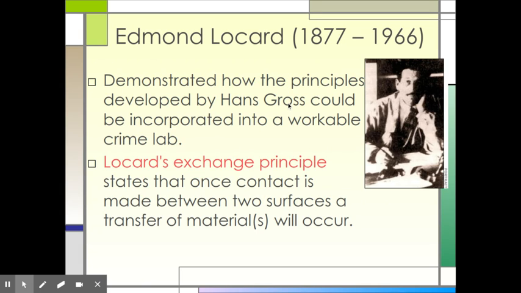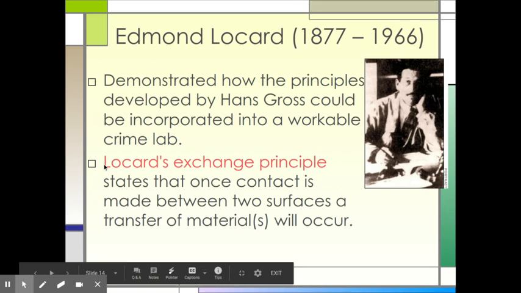His idea was, if all of this science is progressing to help us solve crimes, let's put it under one roof, so I can get all of my biologists studying crimes in one building, all of my chemists in one building, all of my anthropologists in one building. So that when all of this evidence comes in, instead of shipping it all over different parts of the country, it comes into one place where all the experts are, and we can go through this and analyze the evidence and be more efficient and be more correct in our answers.